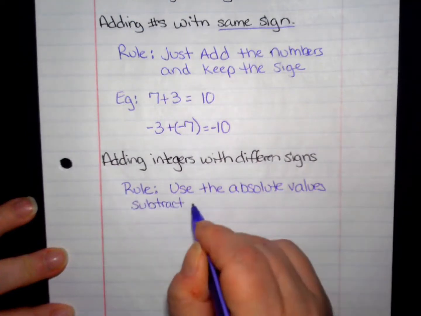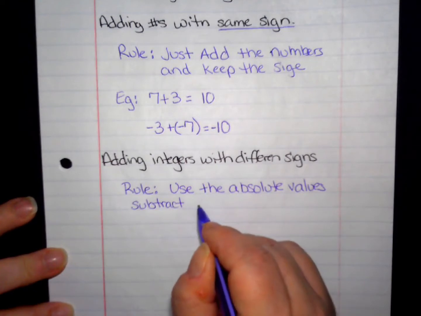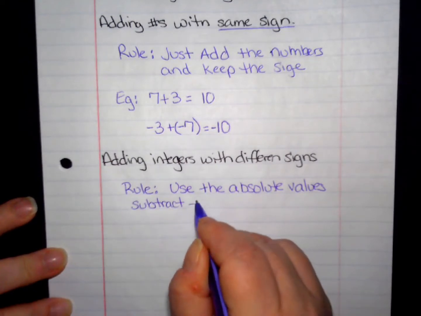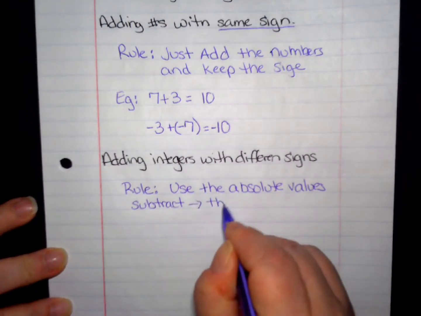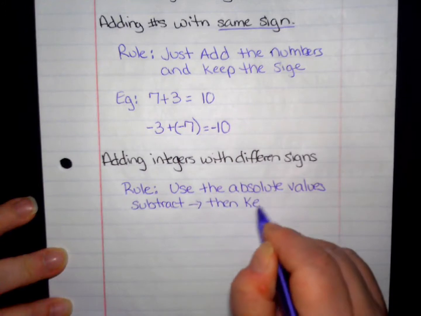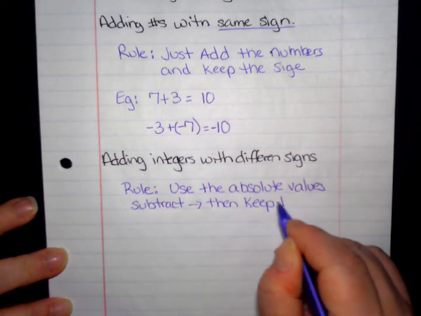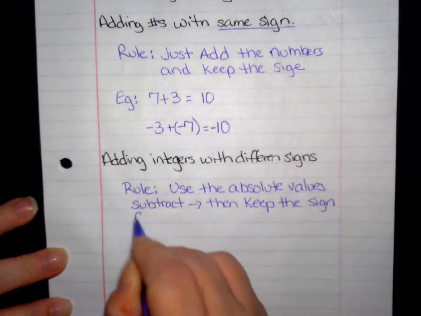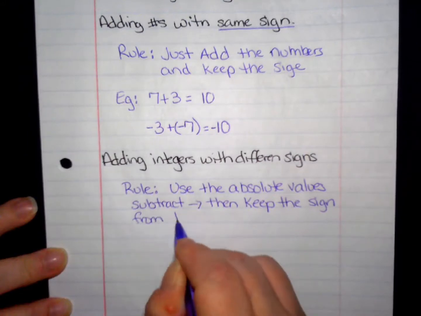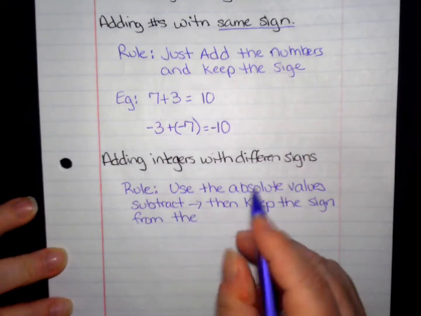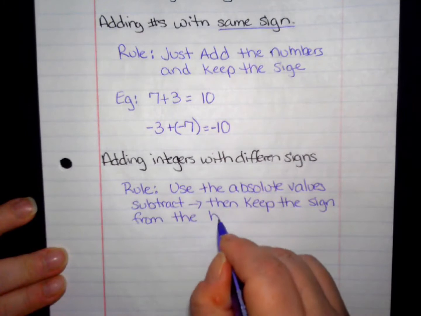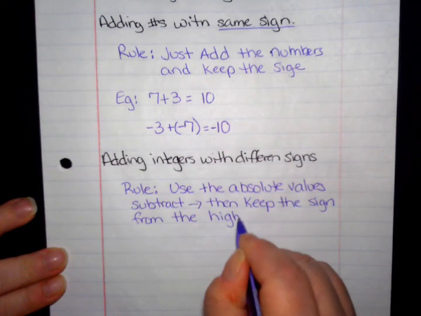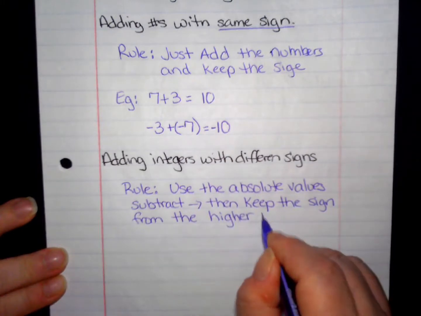Subtract the lower from the higher number. Then keep the sign from the higher number.